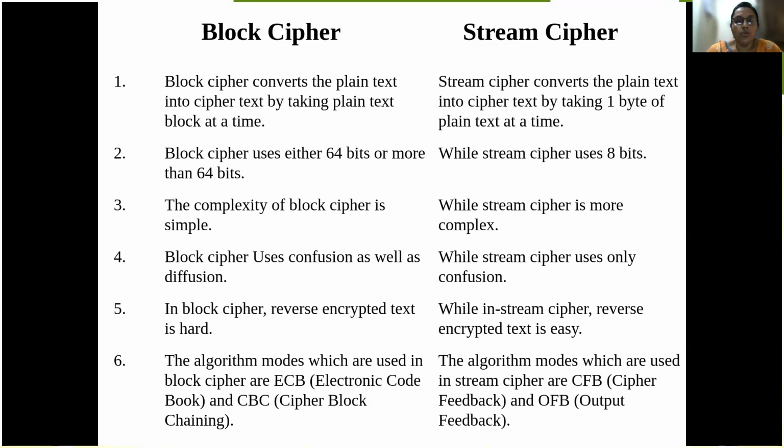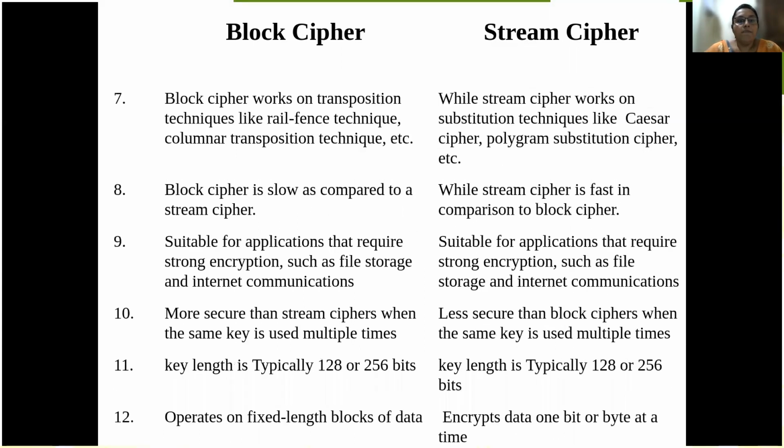It's similar to OFB with a small difference. Examples of block cipher are the rail fence technique, columnar transposition technique, etc. Transposition techniques are used, whereas in stream cipher, substitution ciphers like Caesar cipher, polygram substitution, etc. are stream ciphers. Block cipher is slow compared to stream cipher.